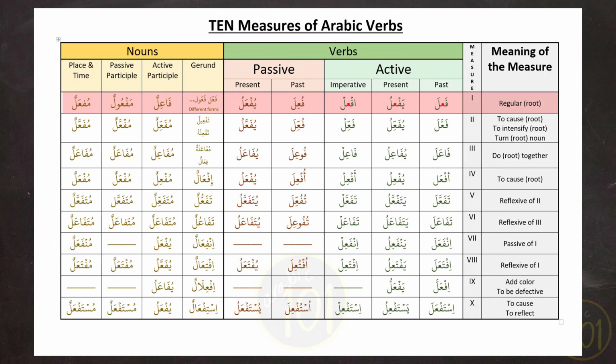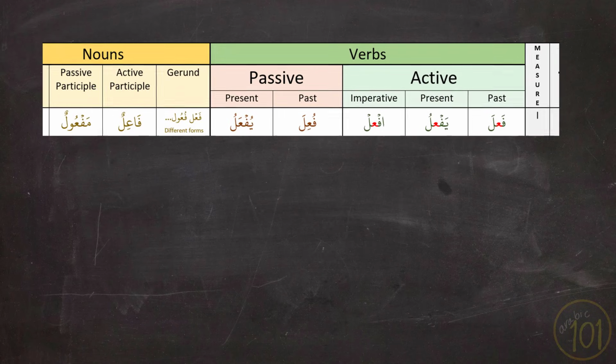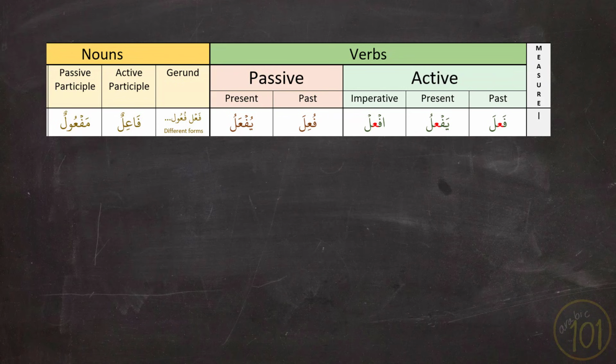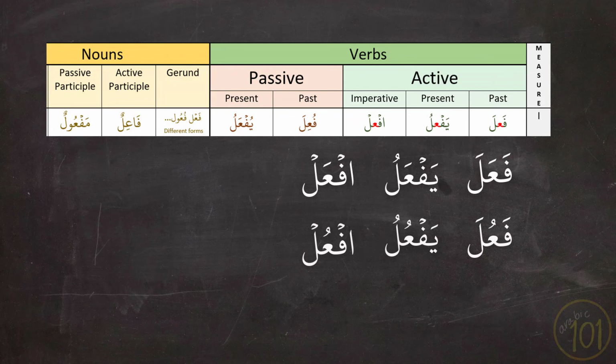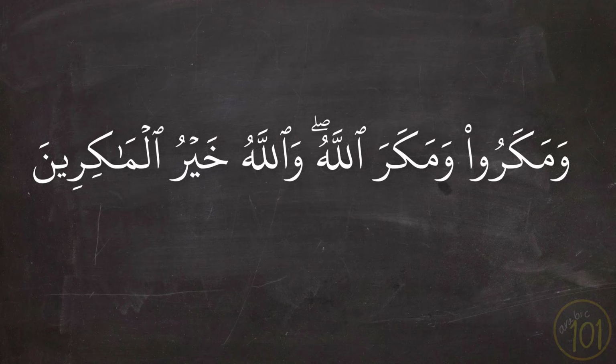And as you can see, there is a letter in red, which indicates that this letter can appear with fatha, dhamma, or kasra, so not a fixed short vowel like the rest as you can see. So let's have a look at an example from the Quran as to how useful this chart can be.